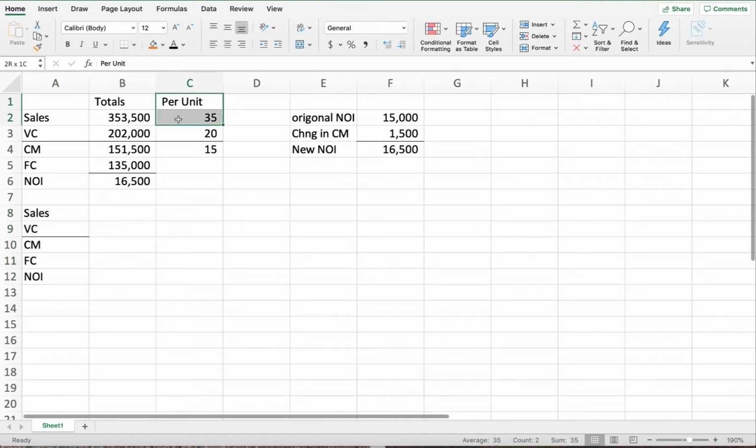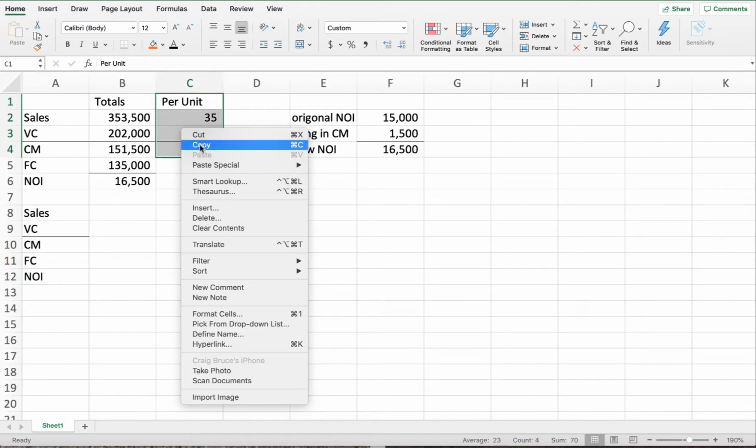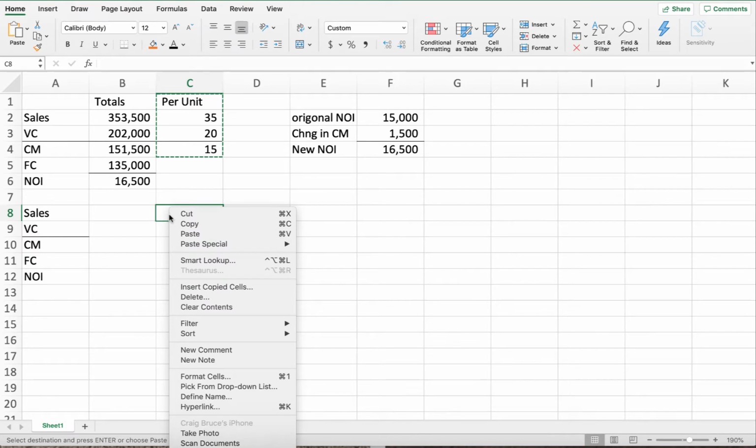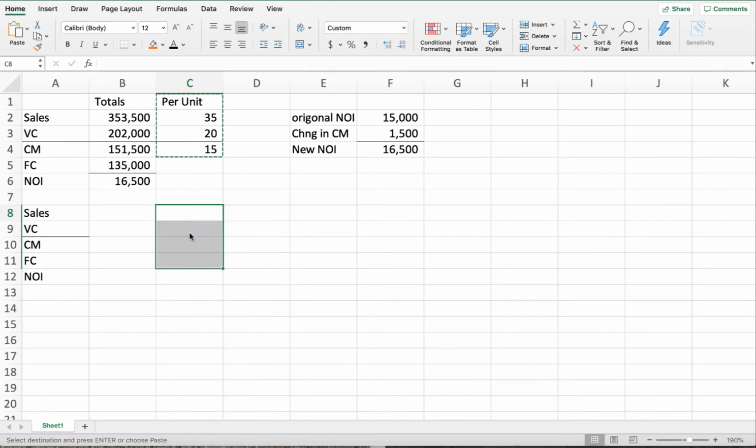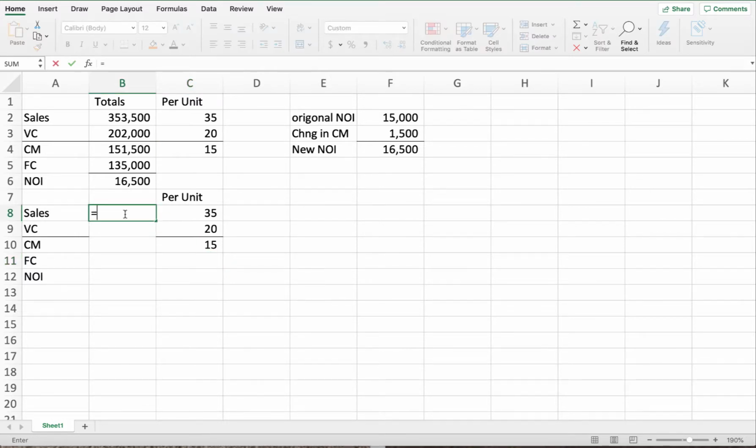My per unit cost did not change, so I'm just going to copy and paste these down here. There we go. Now it's lined up.